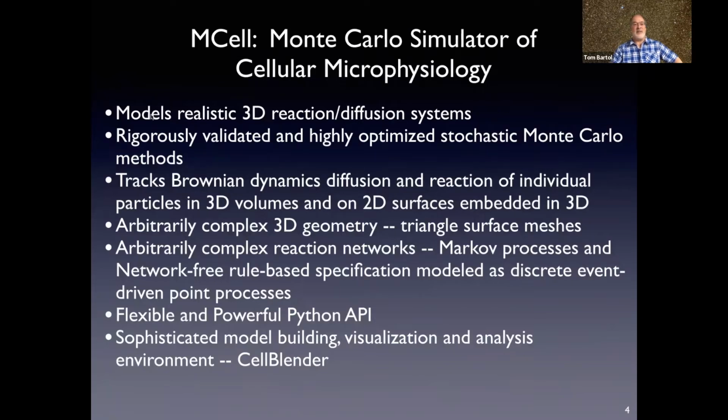We invented this technique that is able to model realistic 3D reaction diffusion systems. We use Monte Carlo methods to track the Brownian dynamics diffusion and reactions of individual particles as they diffuse through 3-dimensional volumes, and also molecules embedded into surfaces and their diffusion on those surfaces.